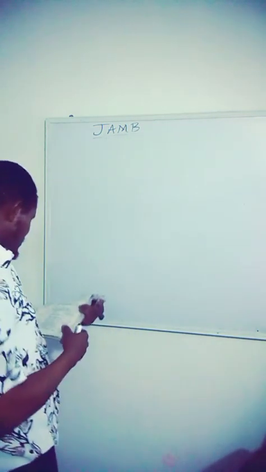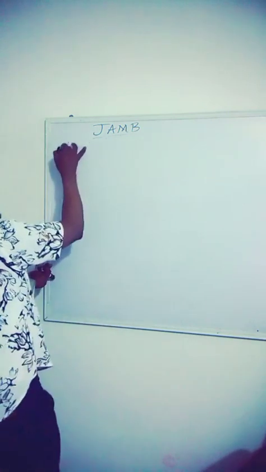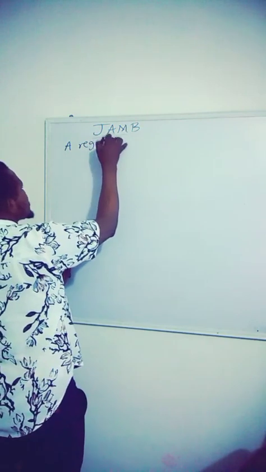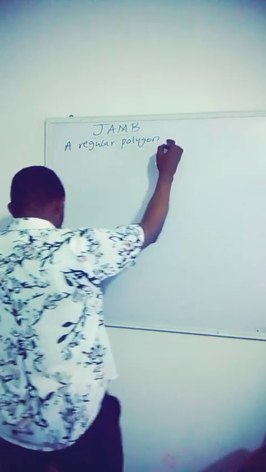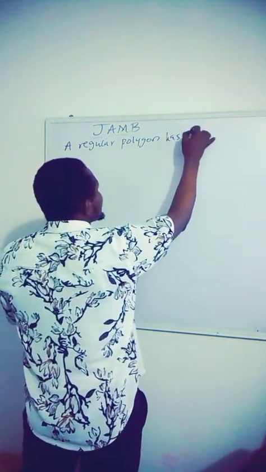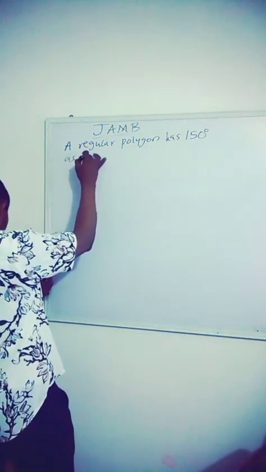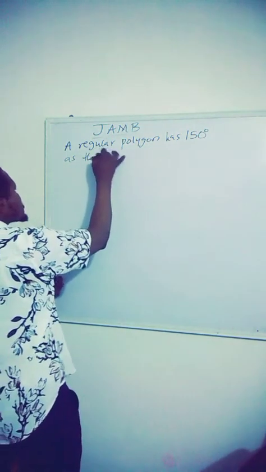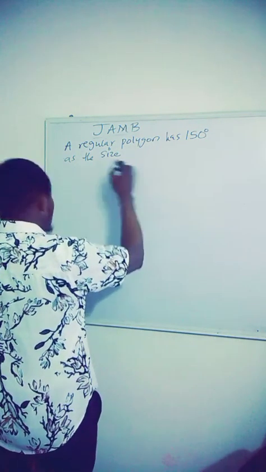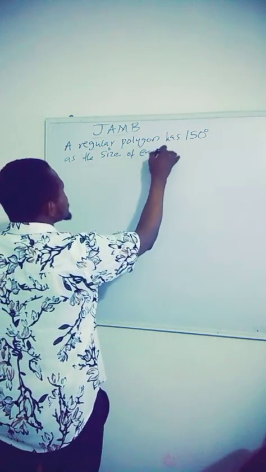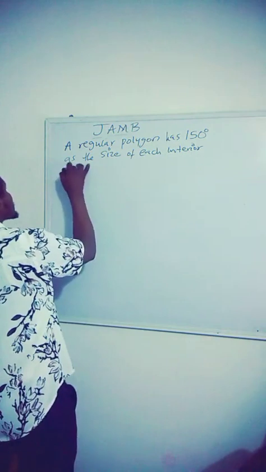So the next question is to find a regular polygon. A regular polygon has 150 degrees as the size of each interior angle.